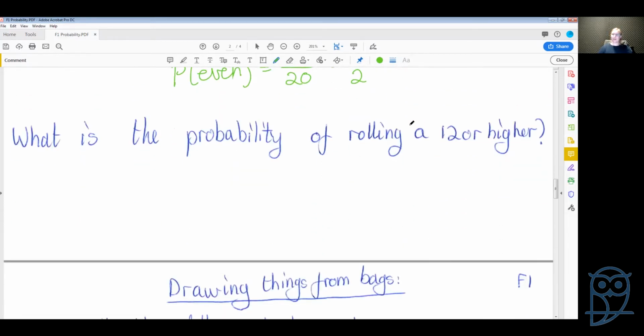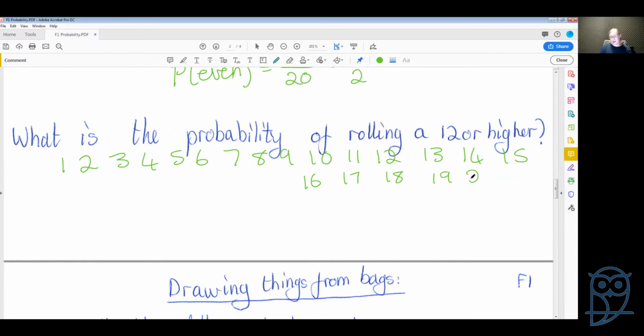So what is the probability of rolling a 12 or higher on our 20-sided dice? So this time I'm going to write them out. We've got 1, 2, 3, 4, 5, 6, 7, 8, and so on up to 20.